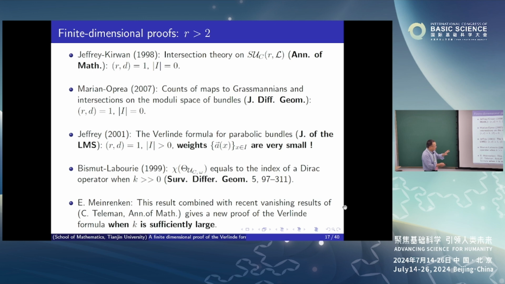So under this condition, the parabolic bundle is stable if and only if the underlying bundle is stable. So this moduli space has a good relationship with this moduli space. This one is just some flag bundles of this moduli space. So when you know the intersection of this moduli space, you can generalize to this one. So this assumption is very important here.